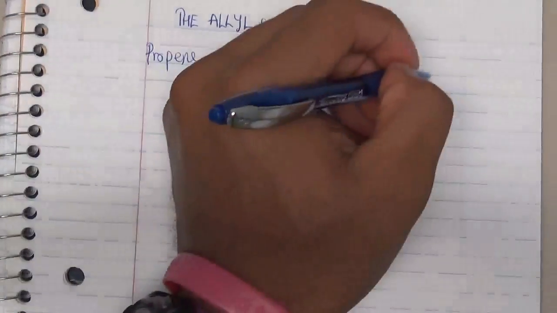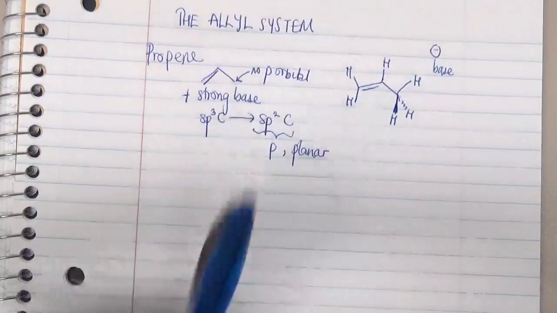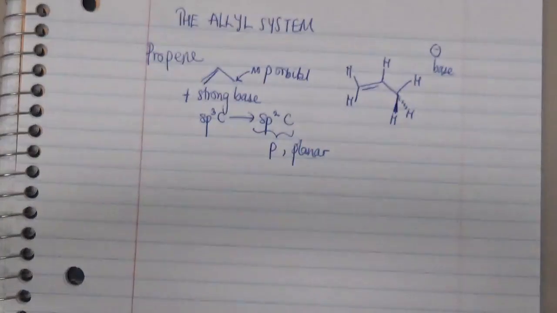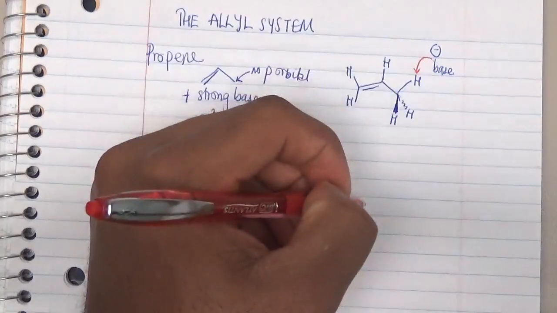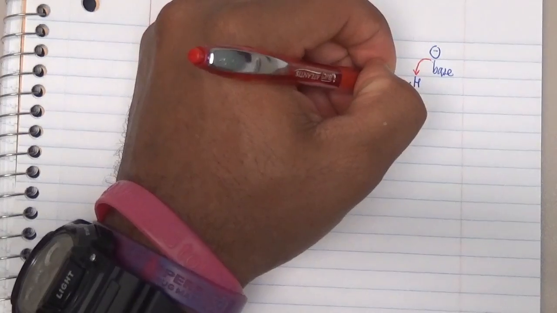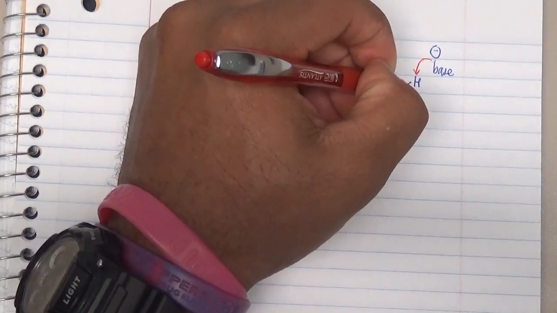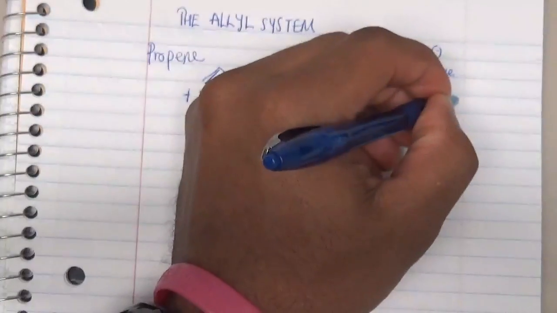Now, once you introduce a base with a negative charge on it, this base extracts this hydrogen atom, and this bonding pair becomes a lone pair on this carbon.